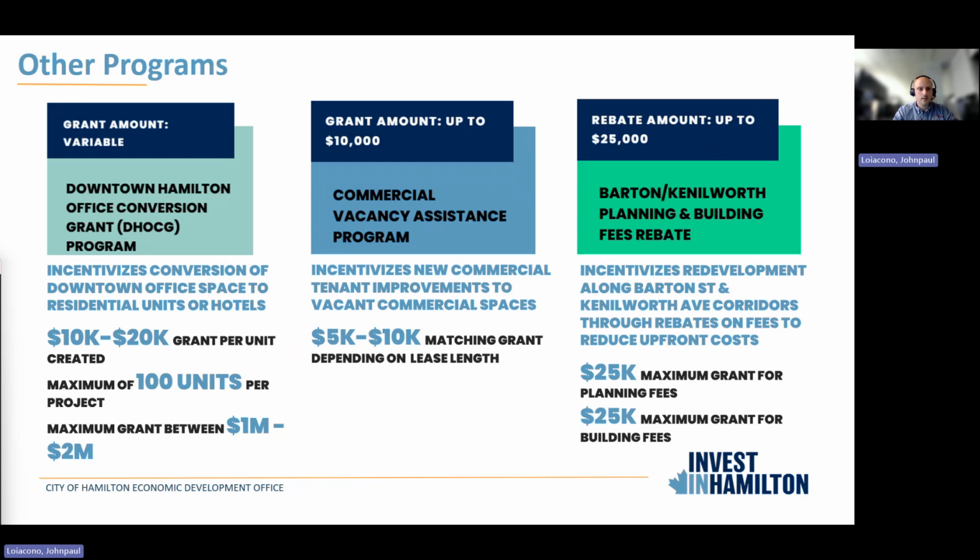So there's the economic component there as well. Essentially, you could get between $10,000 to $20,000 of a grant per unit created, and this is a maximum of $2 million.